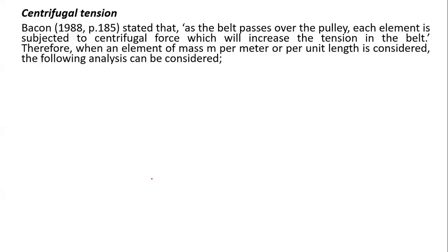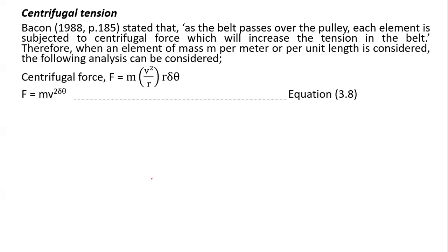What if you've been given the centrifugal tension? The centrifugal tension comes in for a belt whose mass is not negligible and also running at a speed higher than 20 going up, or even 30 going up. So here, centrifugal force is m v squared over r.